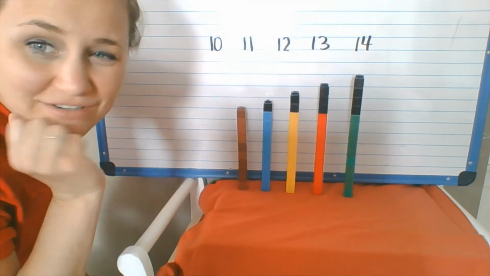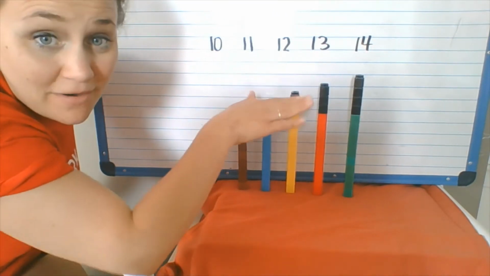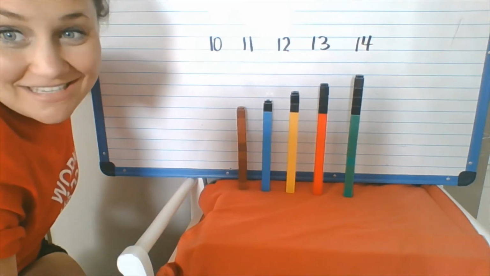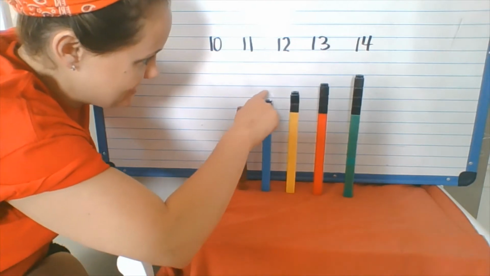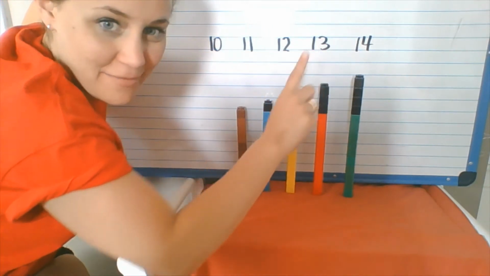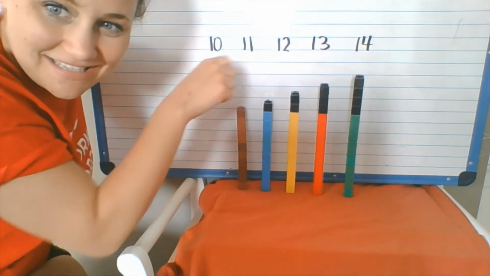And this pattern continues as the numbers go up by 1. I like to call this the staircase way because we can see it getting higher and higher by 1 each time. It looks like stairs.